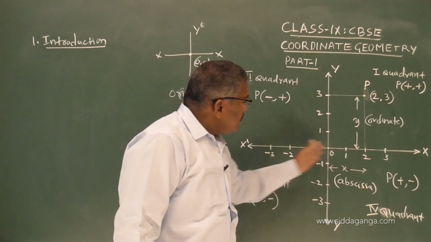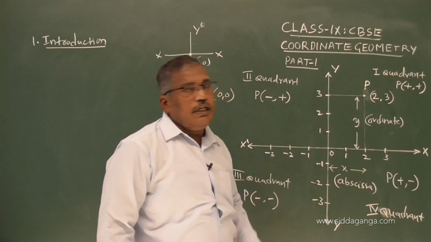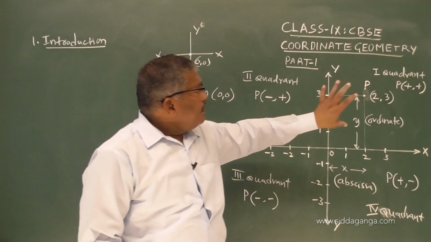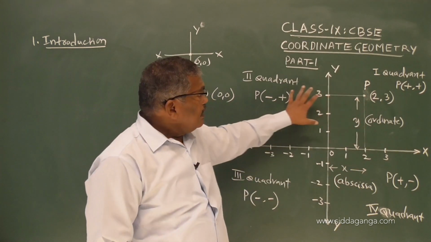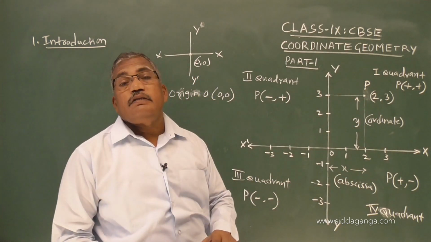So the x-axis, y-axis and origin divide the entire coordinate plane. This is known as the Cartesian coordinate system.